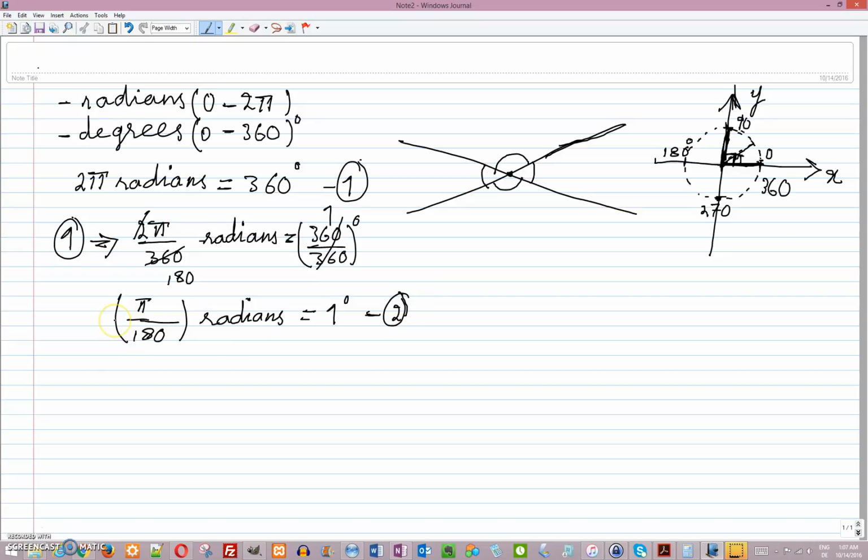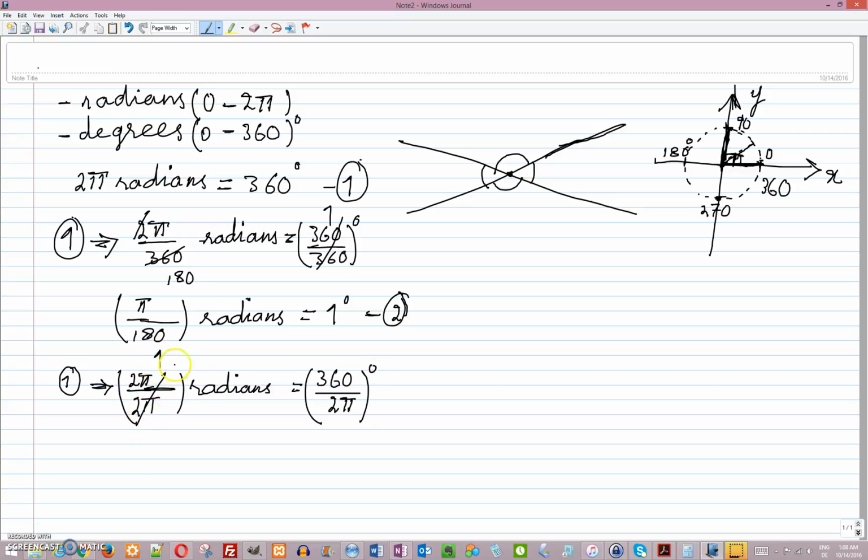And then again, if you use equation number 1 and divide both sides by 2 pi, you get 2 pi divided by 2 pi radians is equal to 360 divided by 2 pi degrees, and then you can simplify.